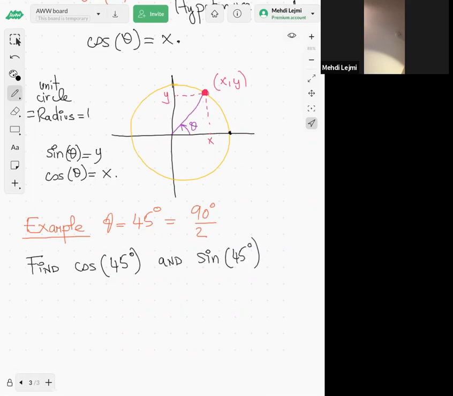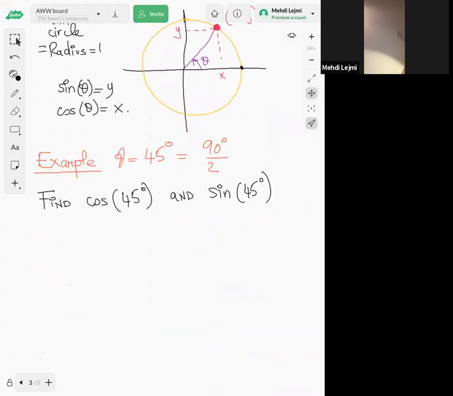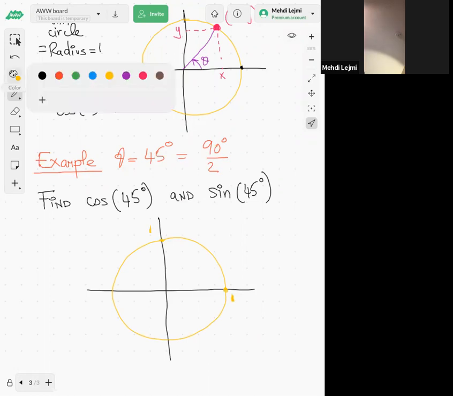Okay, so all you have to do, guys, is take this unit circle. This is a unit circle, so this is supposed to be 1 here. I'm going to take 45 degrees, that's half of 90 degrees.